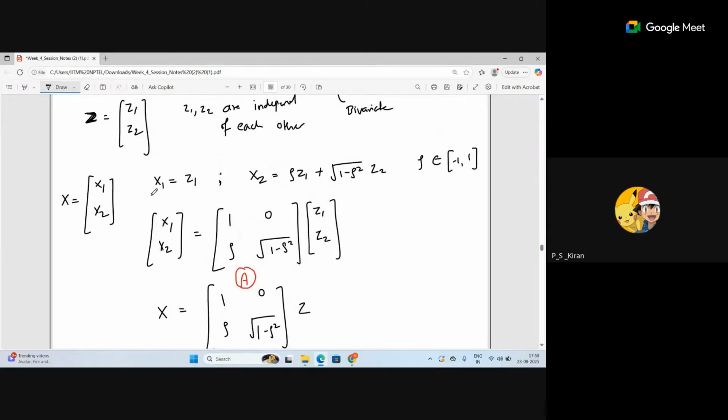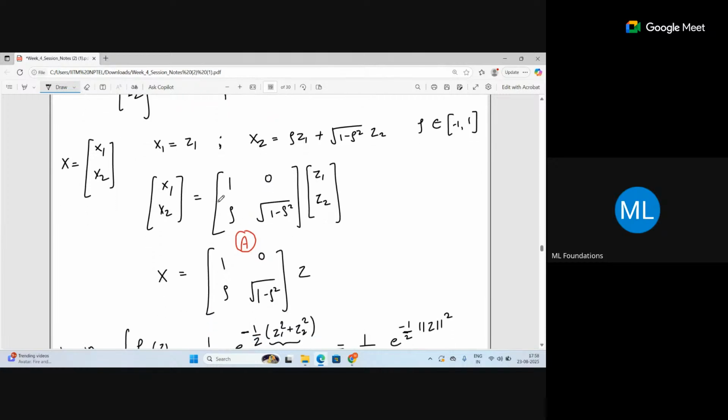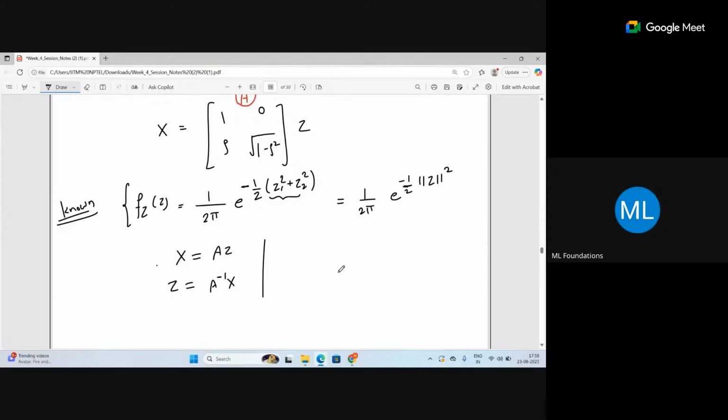So this was x1 equal to z1, x2 equal to this one, and I have written this x1 and x2 in the matrix format. When we write this, then it was A. Fine, so A is the coefficient matrix.